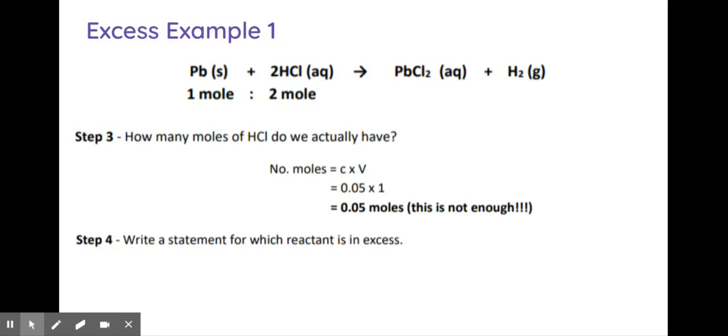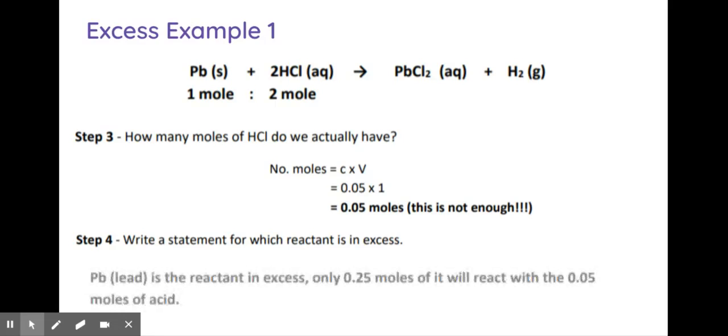So our final step is to write our statement for which reactant is in excess. So which reactant we have too much of. If we required 0.06 moles of hydrochloric acid, but we only have 0.05, then we don't have enough of that. So that means that the other reactant, in this case lead, we have too much of.